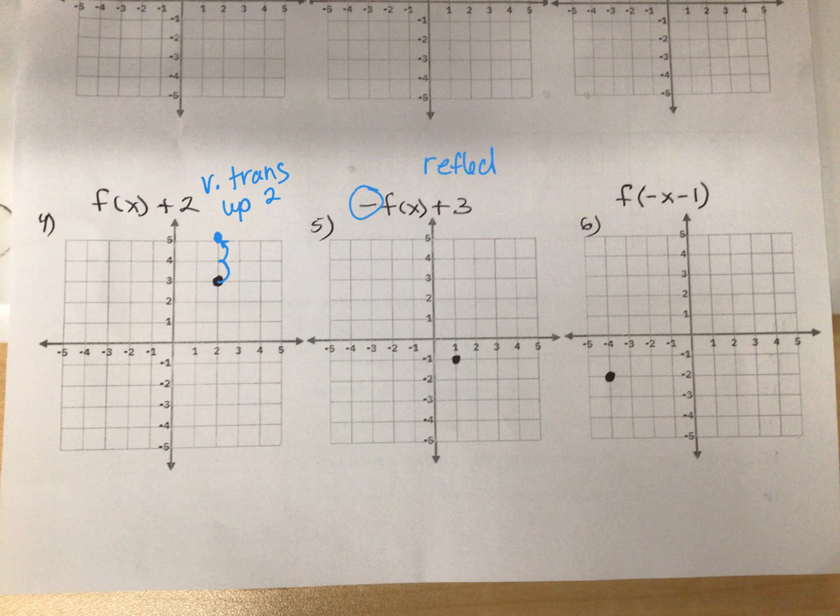X. Good. Reflection in the x-axis. And then +3 on the outside is what? Up 3. A vertical translation up 3. So we're going to do it in that order and see where we end up. And I want to show you how we end up in a different spot if we pick a different order.